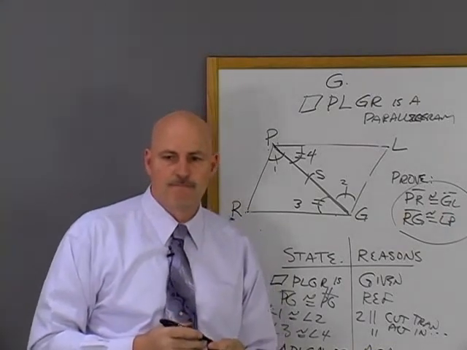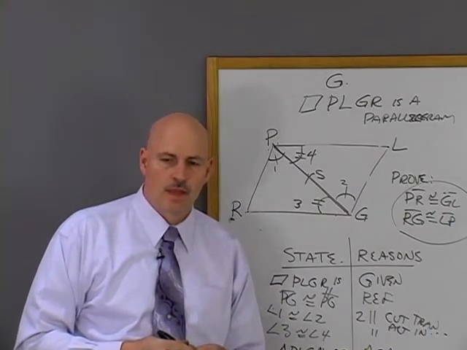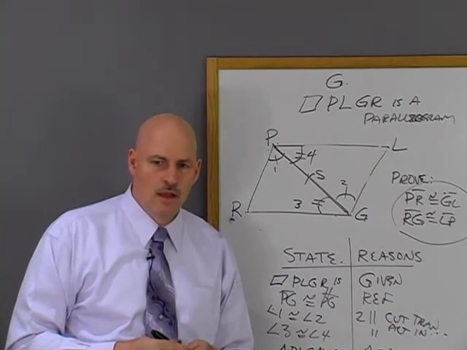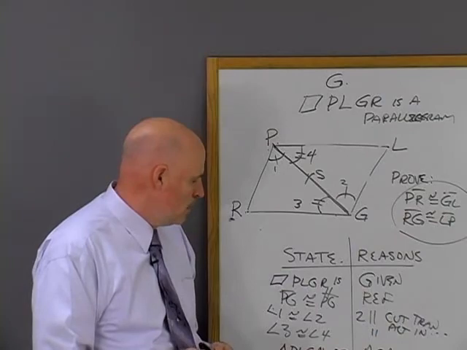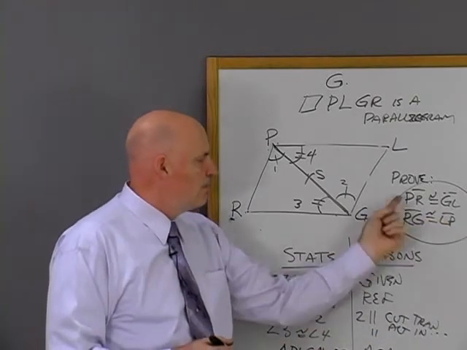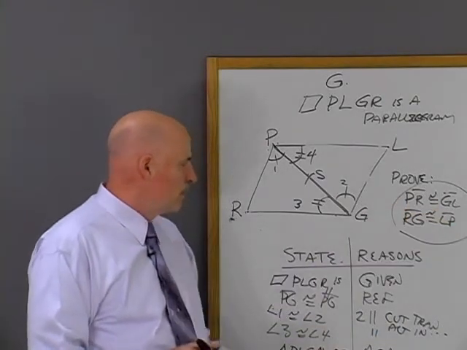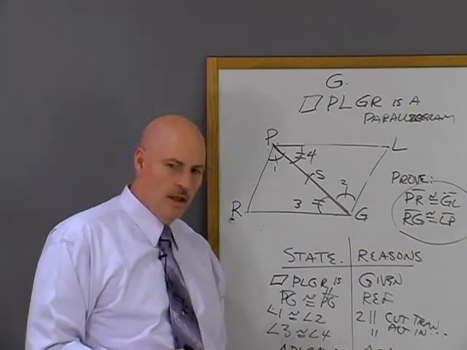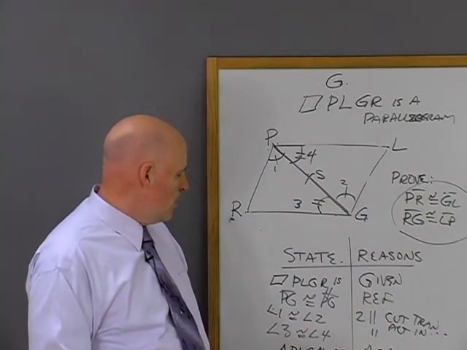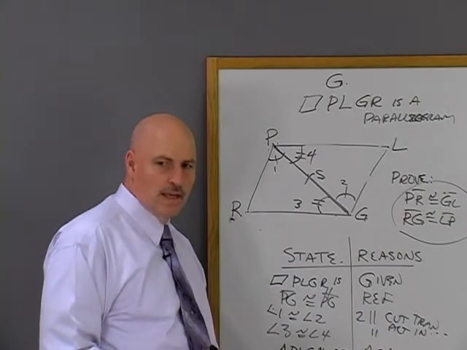Yes? If they're congruent, the letters on the bottom for proving that are not in the right order. Well, what I would do is I would say PR is congruent to GL and RG is congruent to LP. But the triangle statement before that, one of them is not in the same order.